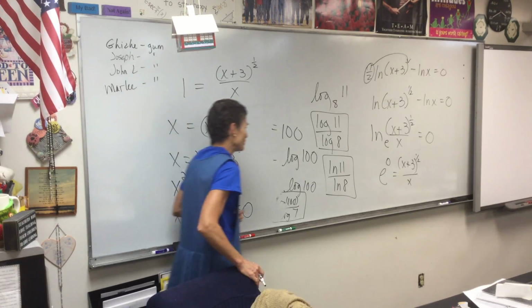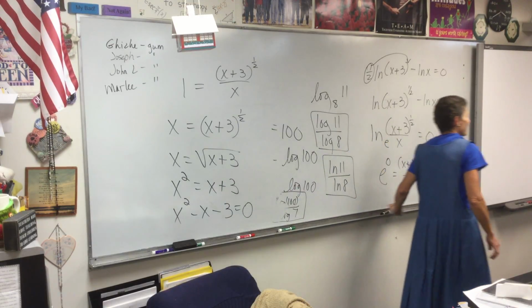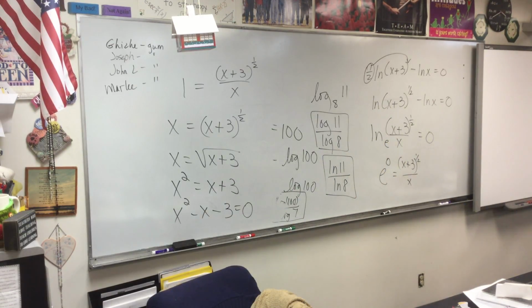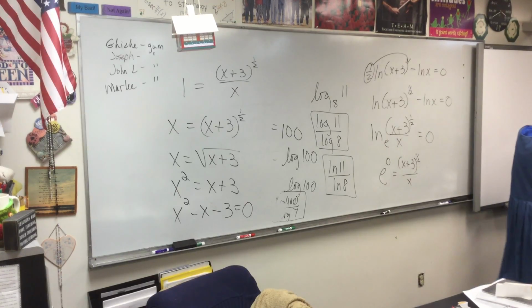So what do we have to do? Quadratic formula, and you guys are saved by the non-existent bell. So yes, you would do the quadratic formula, and then you would double check what? Make sure it's not an extraneous root.